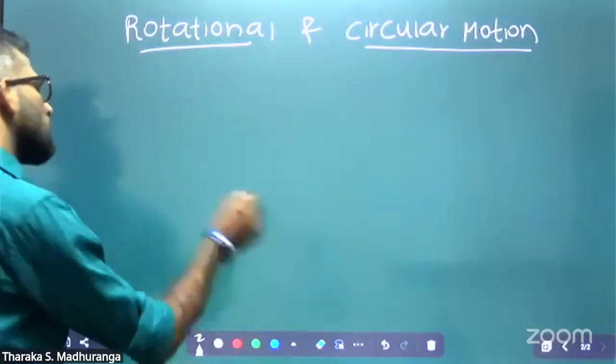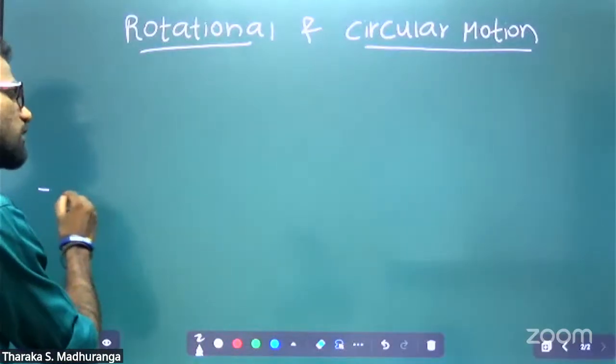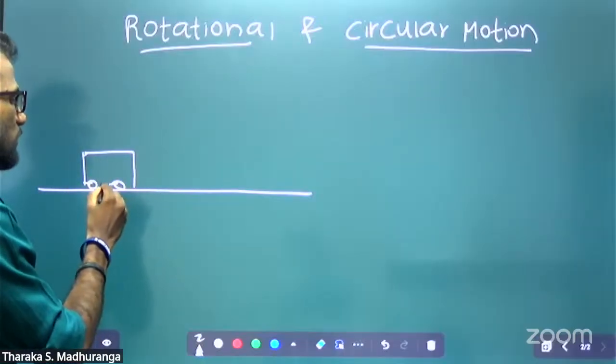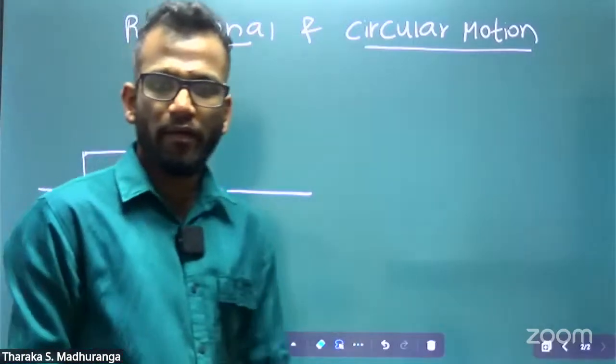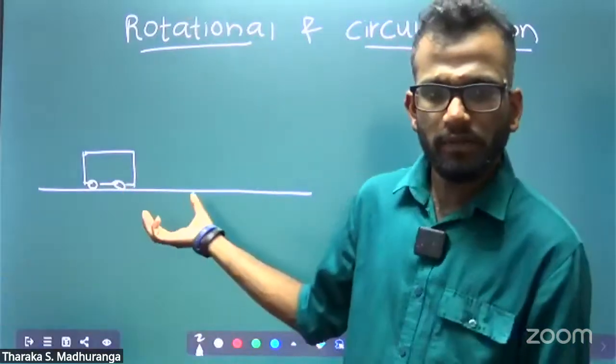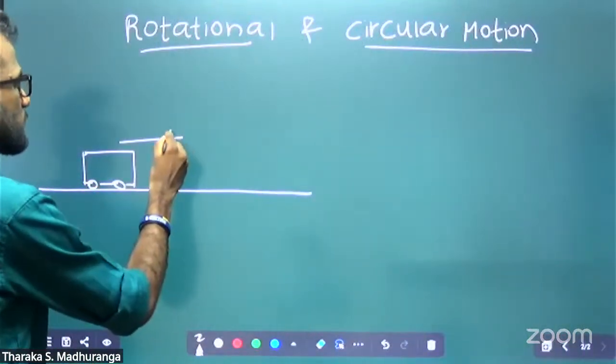This is a vehicle moving along a straight road. What is this motion type?